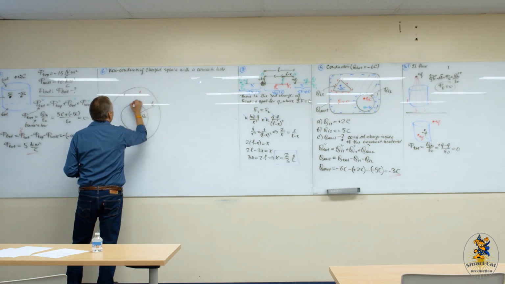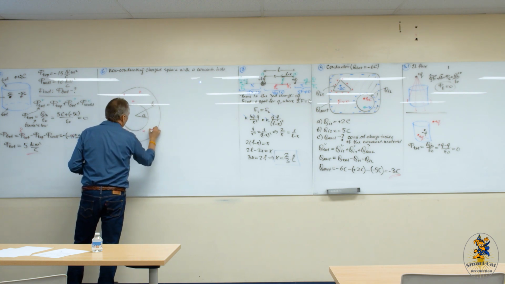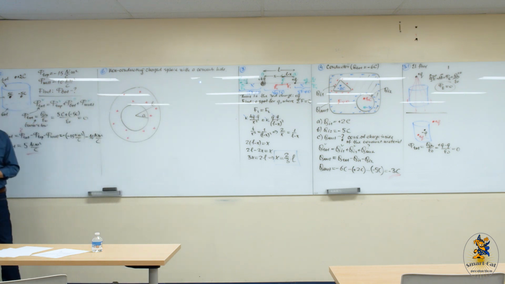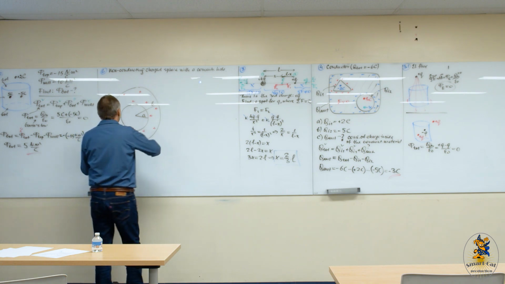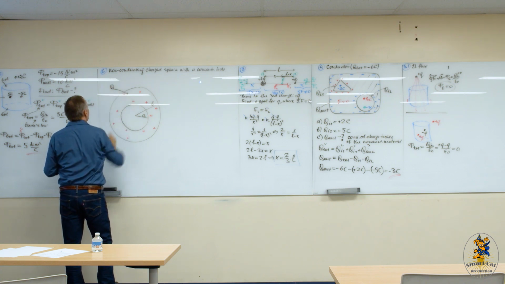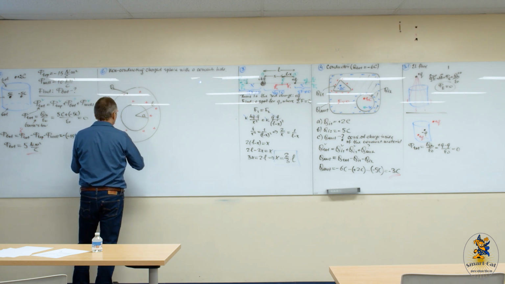So plus. So the charge is distributed uniformly. Right? And the total charge is given. So, all right. So Q is the total charge. And let's add an additional charge at the center.